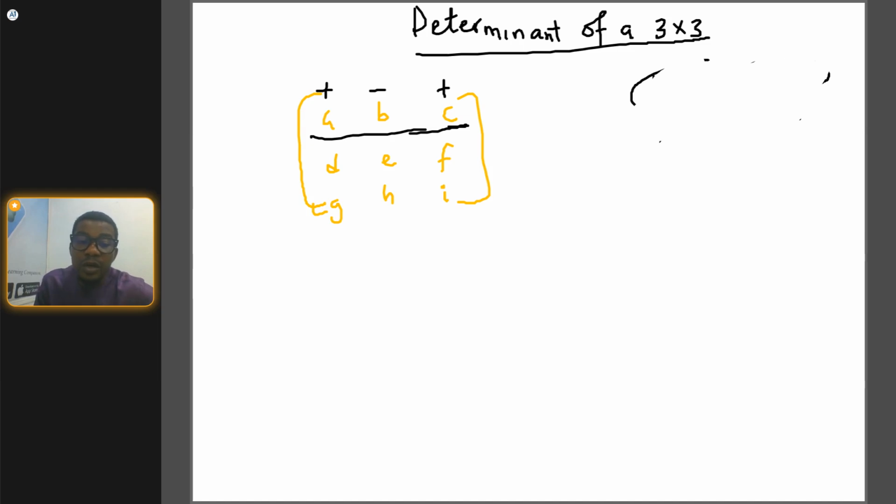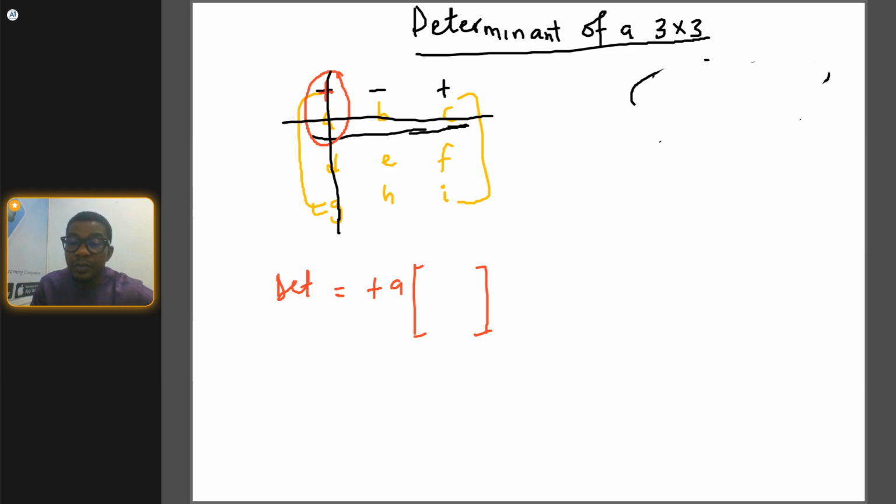I need to go for the first value, that's plus A. Circle plus A, determinant equals plus A. Afterward, you cross every value that is intersecting with A. This will be crossed out because it is intersecting with A. Then you'll be left with E, F, I, H.